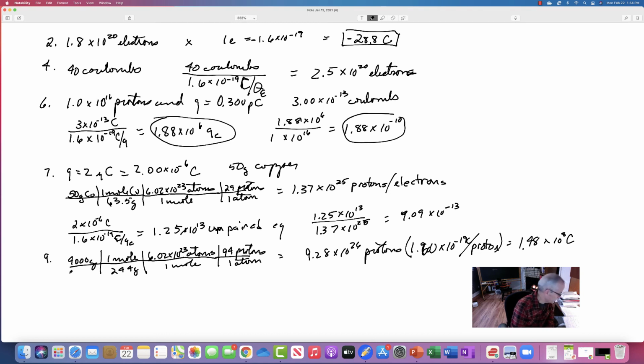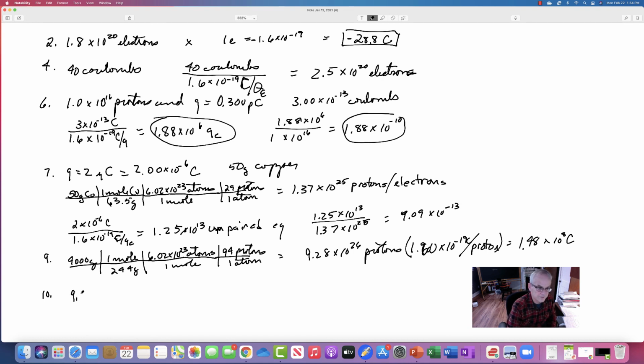Let's do one more. And with this one, we're moving into our next group, which is the force, or Coulomb's law. What is the repulsive force between two pith balls that are 8 centimeters apart and have an equal charge of minus 30 nanocoulombs?